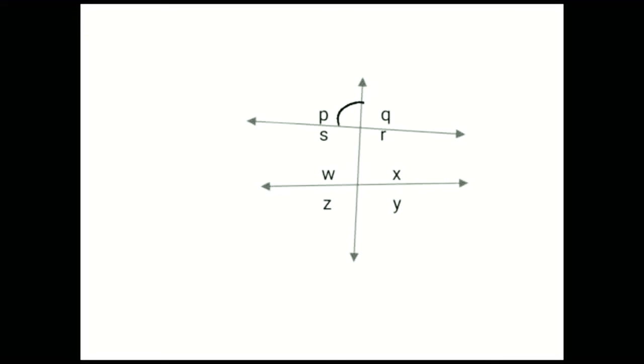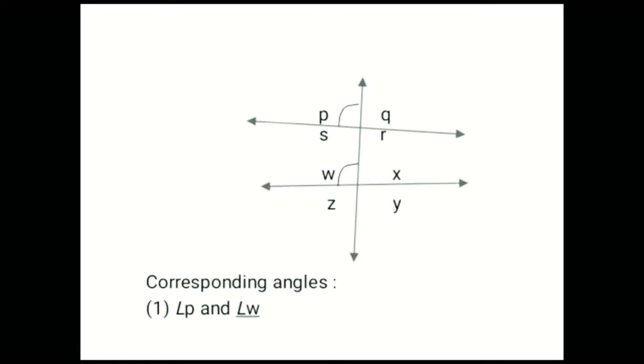Angle W is on other line on left side, but it belongs to same direction. Corresponding angles, you have to name the same direction on the same side with two different lines. So first one answer is angle P and angle W.